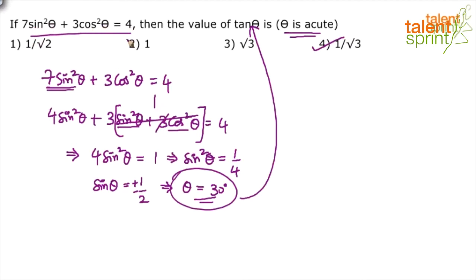So you should actually know a proper value of theta which will satisfy this. You will try with maybe 0 degrees, 30 degrees, 45 degrees, 60 degrees, 90 degrees, and let's say if theta is actually something else, then you may end up wasting your time, right? Of course, one condition that we know here is theta is acute, so you will try for less than 90 degrees only. But what exactly is the value of theta is not known to us.